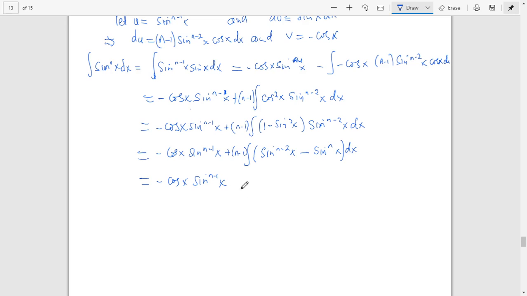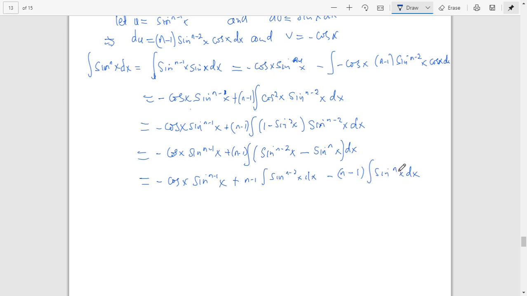Okay. So if I split that integral, I'm going to have plus n minus 1 integral of sine to the power of n minus 2 x dx, minus n minus 1 integral of sine to the power of n x dx.